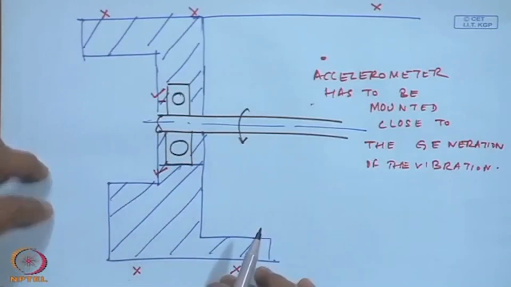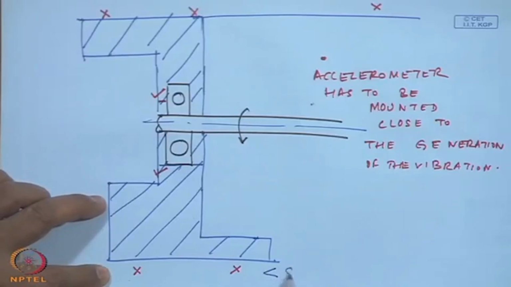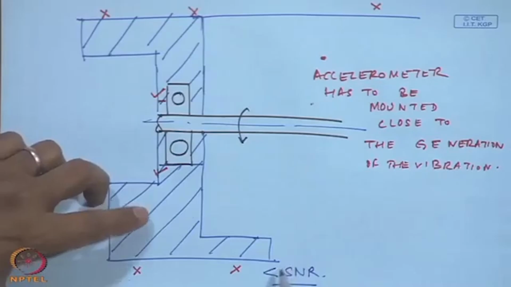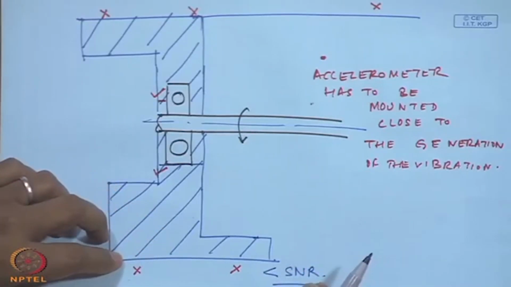If I measure here, I will have a very poor signal to noise ratio. I may get something, but it will be buried in a lot of noise.